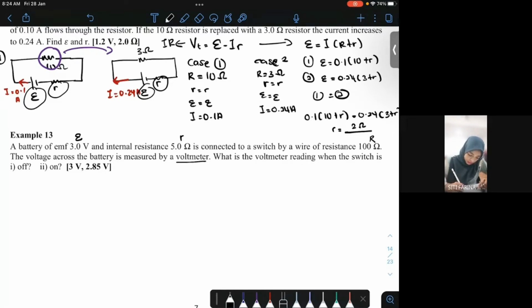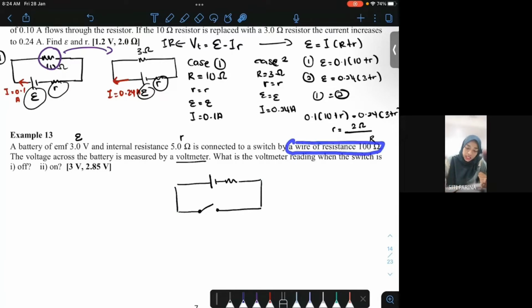Okay, so basically kamu ada battery, internal resistance, and then connected to a switch. Ini switch kamu by a wire of resistance 100 ohm. Okay, sepanjang ni, tali ni, kita ada resistance of 100 ohm. Sebab dia kata by a wire of resistance 100 ohm.